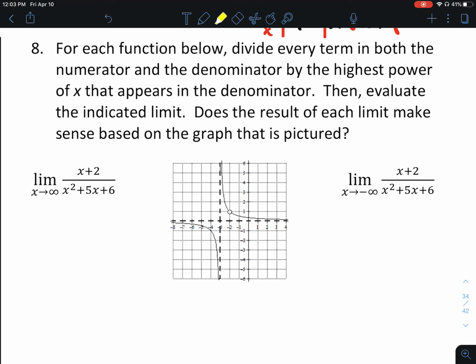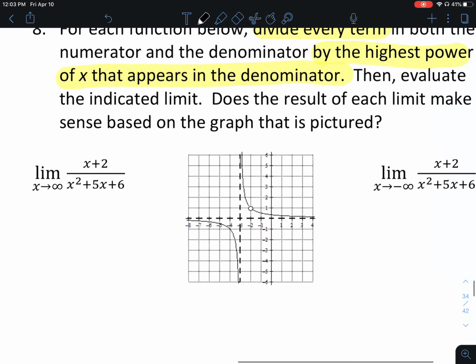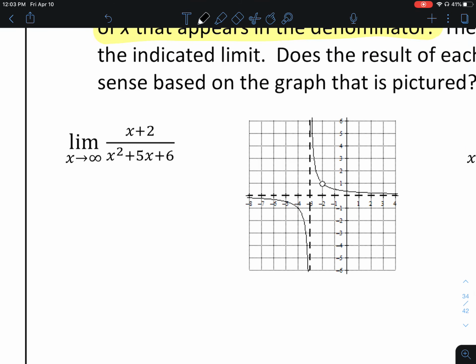As it says here, we are going to divide every term by the highest power of x that appears in the denominator. So looking at this first one, the biggest term in the denominator is x squared.